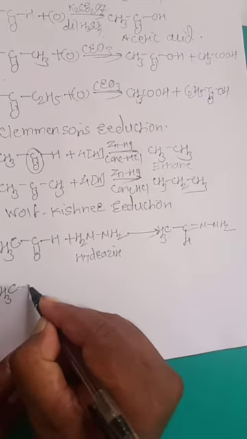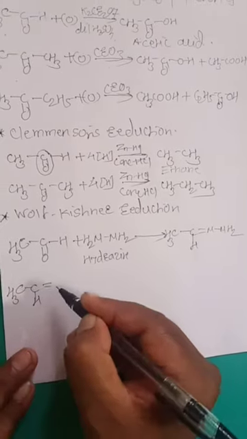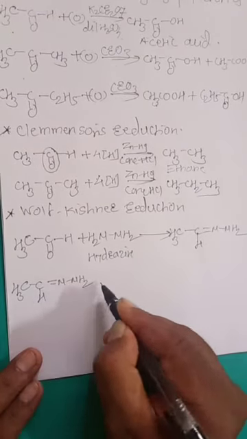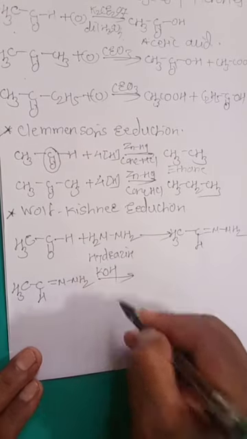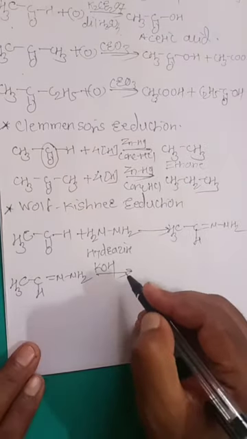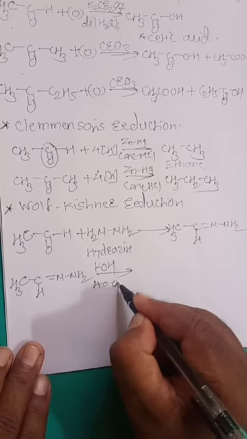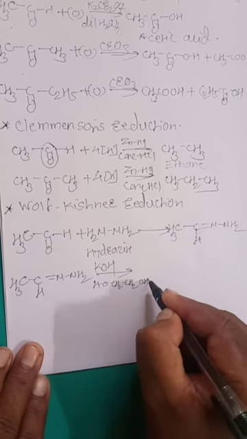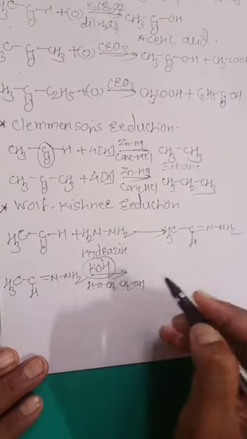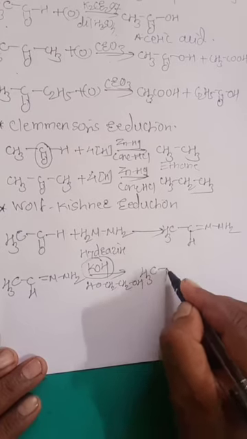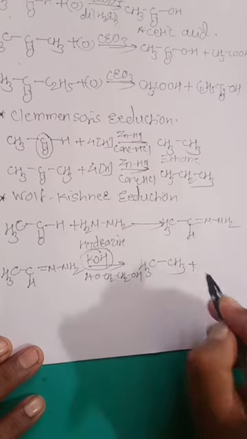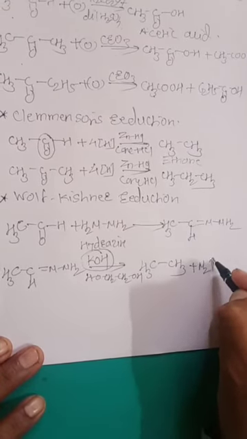In second step, when hydrazone is heated with KOH or NaOH in presence of ethylene glycol, mostly KOH is used, then we get CH3CH3, that is ethane, formed with evolution of N2 gas.